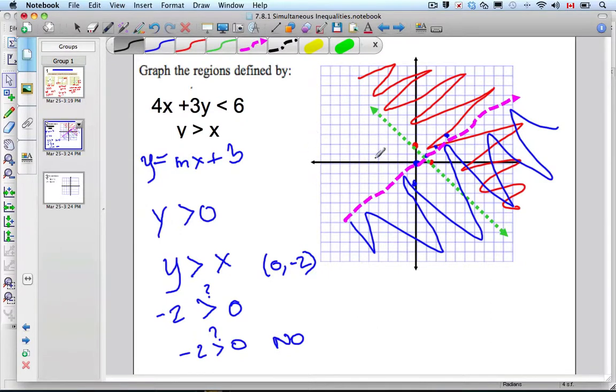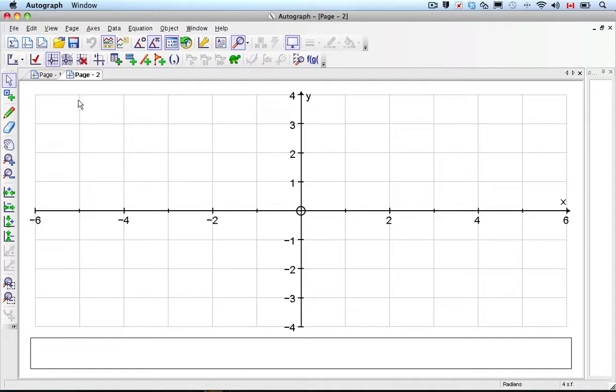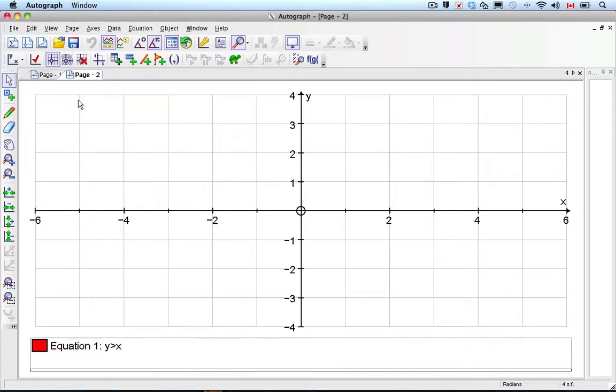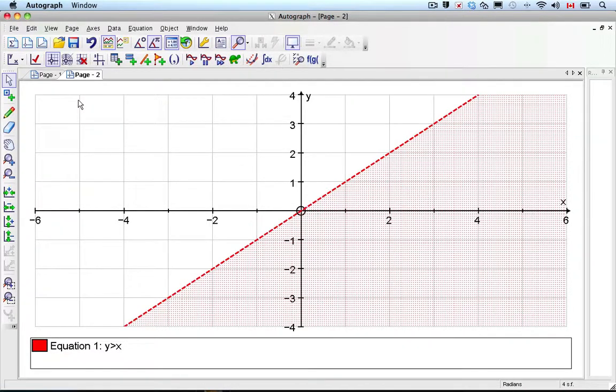Now there's a cool program that we have access to called Autograph. If we take a look at that, I know the one equation was y is bigger than x. I hit the enter key, and I graphed that, and it gets rid of the region that I'm looking for.